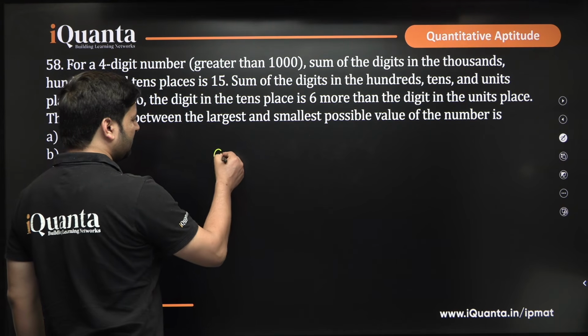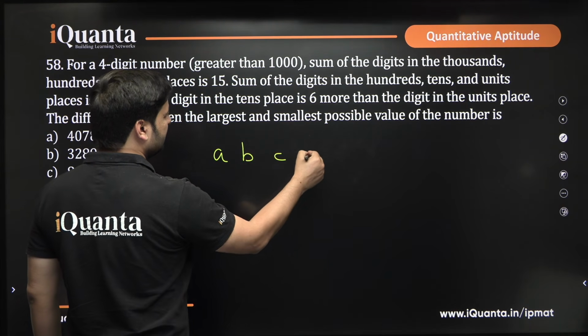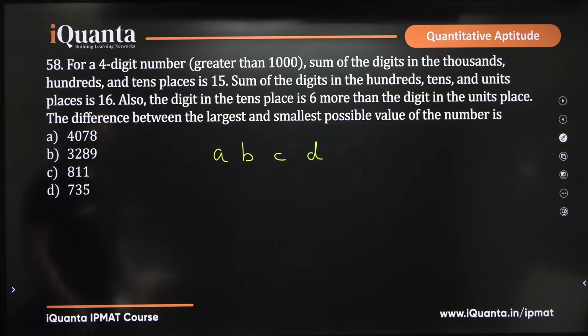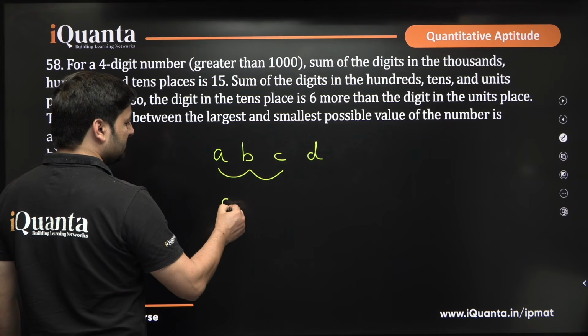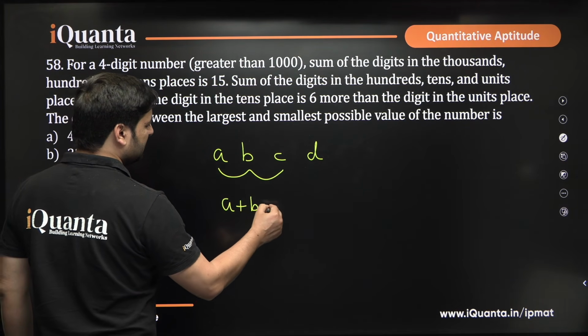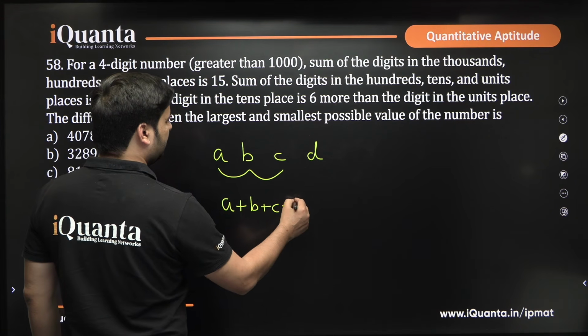It's a 4-digit number, let it be A, B, C, D. We have been given that it's a number greater than 1000, make sure. Now, sum of the digits in the thousands, hundreds, tens, so A plus B plus C is given as 15.